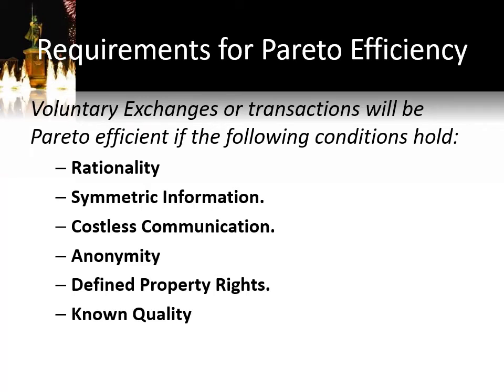That is to say, if I sell you something, if I give you the apple in exchange for the orange, and I know there's a worm in that apple, and the person giving me the banana in exchange for it doesn't, well, that person may not be better off as a result of the transaction. And the idea here is that we don't have to have perfect information, but it has to be symmetric.